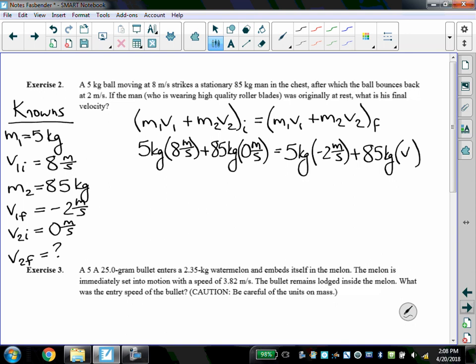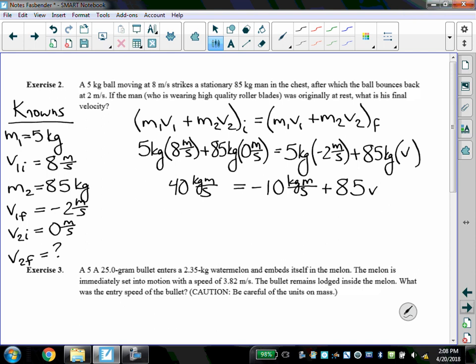So let's do the algebra. 5 times 8, that's 40. 85 times 0 is 0. 5 times negative 2 is negative 10. And then we're still left with 85V.